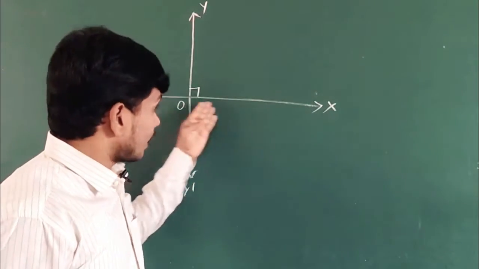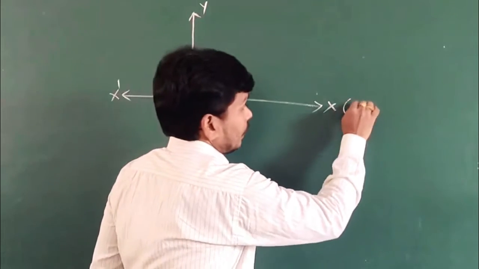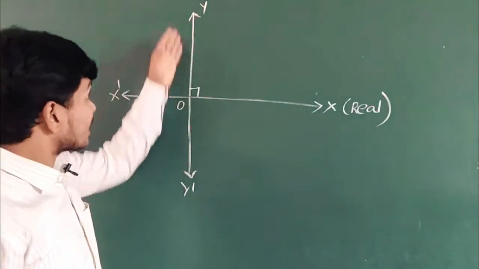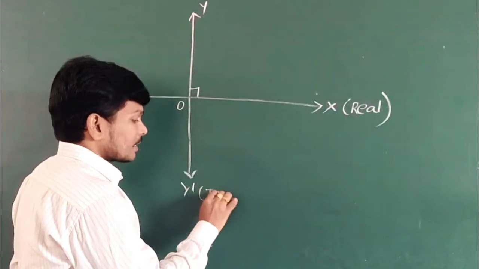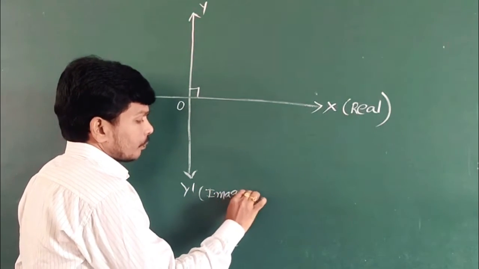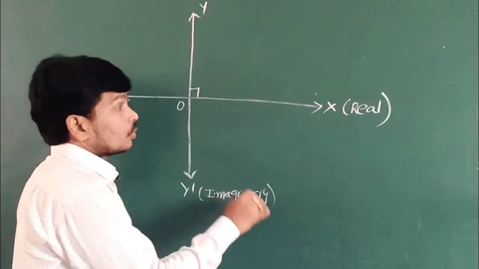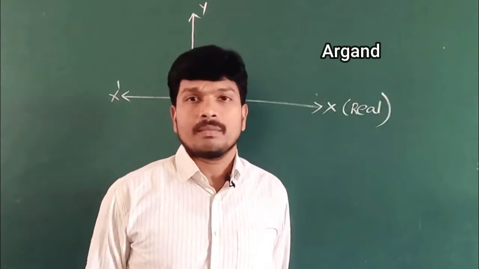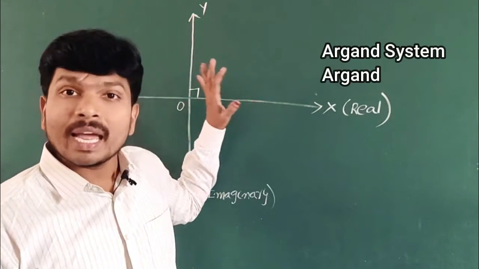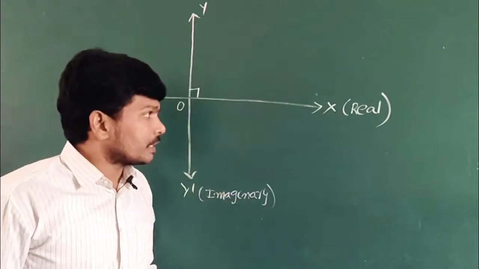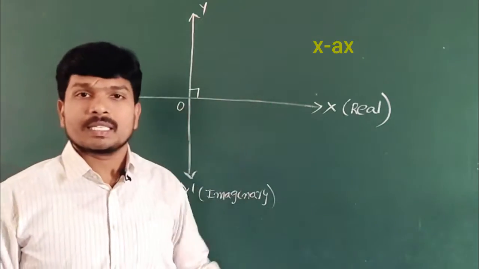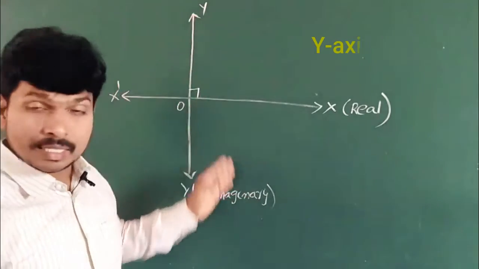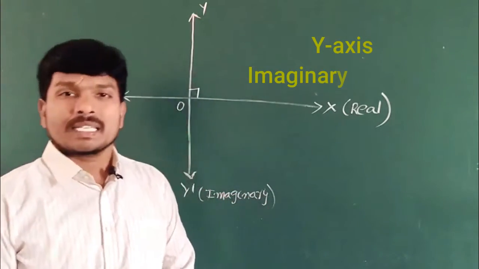Now I am taking the x-axis as the real axis, and the y-axis as the imaginary axis. This system is called the Argand system, and this plane is called the Argand plane. It means on the x-axis you must take real numbers, and on the y-axis you must take imaginary numbers.